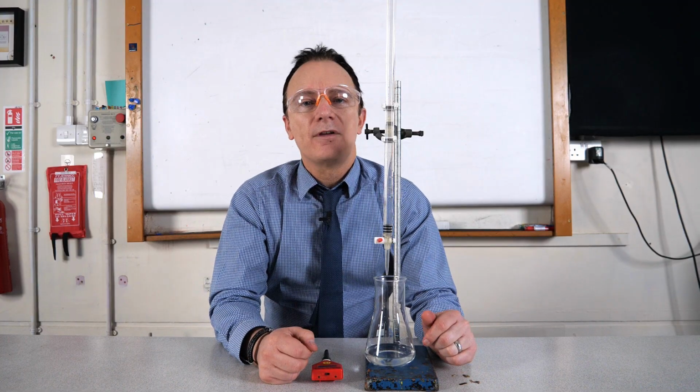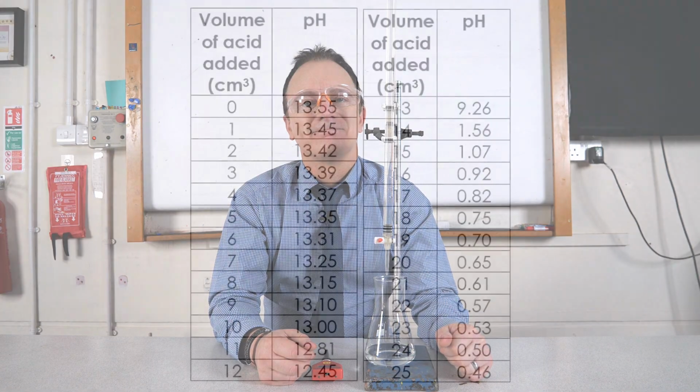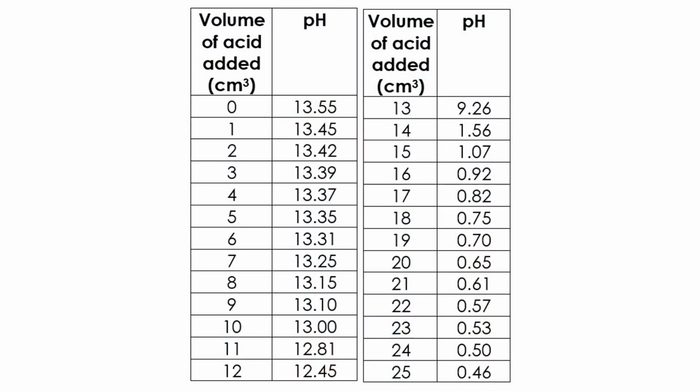And now I'm going to show you a set of results that you would get if you did an experiment like this. These are a typical set of results that you would get when you're tracking the pH during a neutralization reaction. You can see at the start the pH doesn't change very much at all, so you can see why we needed the pH probe with the high resolution, because it was only changing from 13.55 to 13.45.